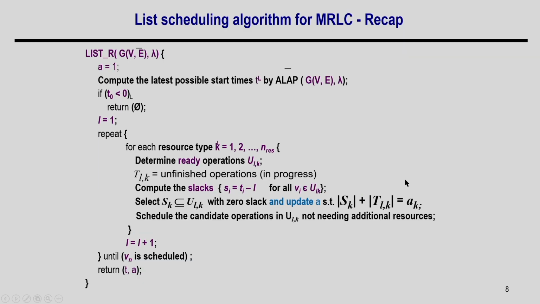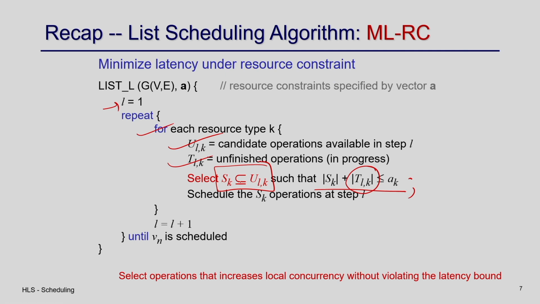That subset S_k is the set of operations that actually start their execution in timestamp L. Then I go to the next type of resource. Once all the resource types are considered for the current timestamp, I increase the current timestamp to the next one. This is how the whole algorithm works, and it completes when my sink node is scheduled.